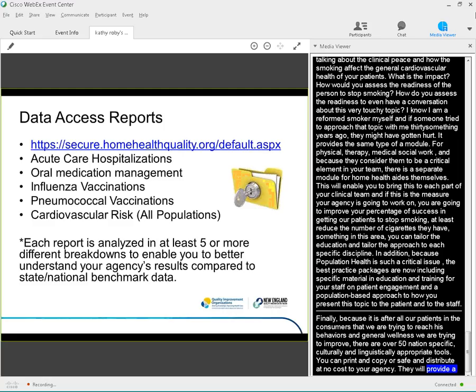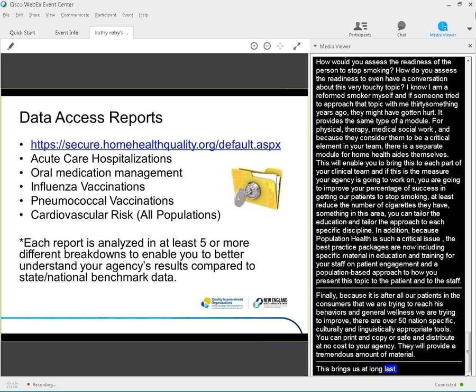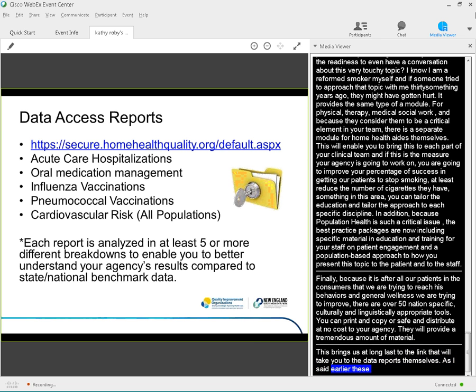And this brings us, at long last, to the link that will take you to the data reports themselves. As I said earlier, these reports are all based on OASIS data that you have submitted to CMS.